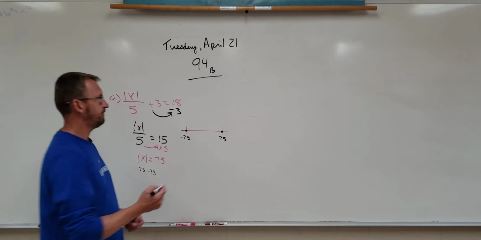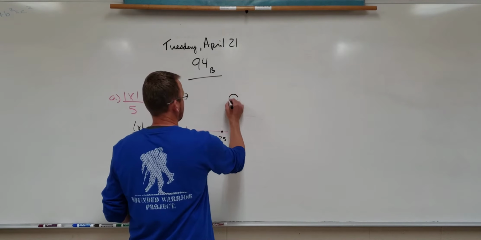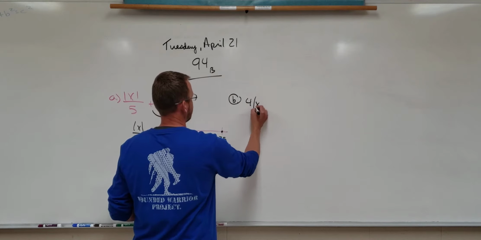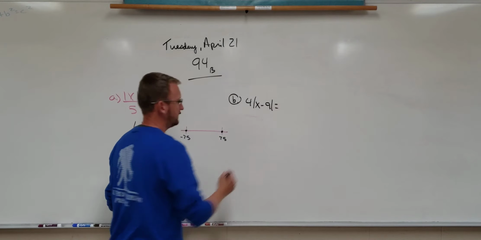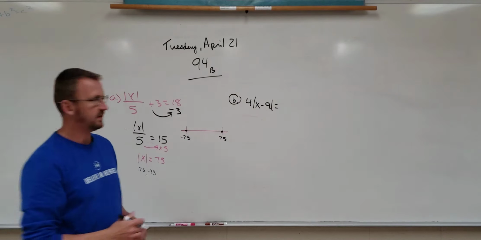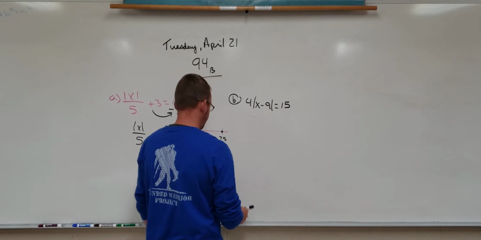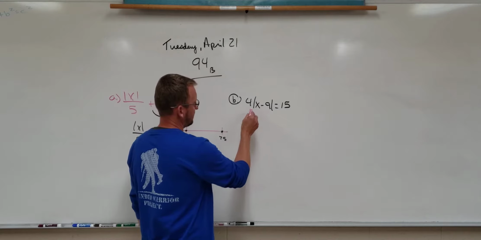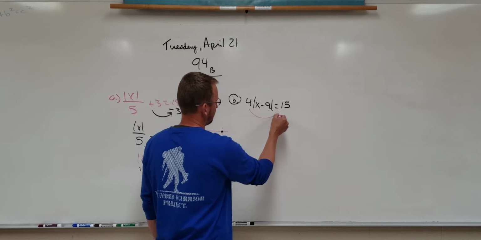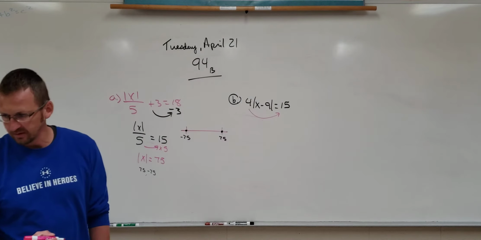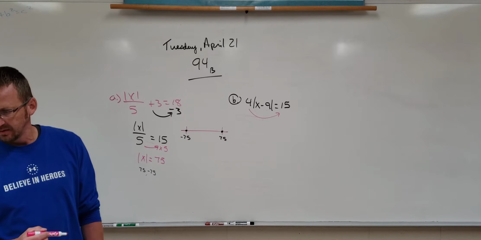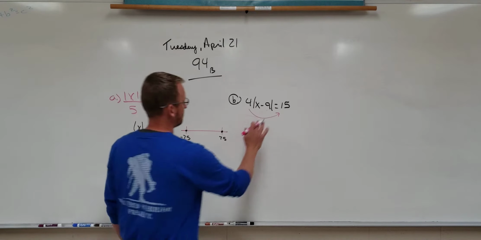Part B says 4 times the absolute value of x minus 9 equals 15. I'm multiplying here, so I need to bring my 4 over. Sorry, I wrote that wrong.